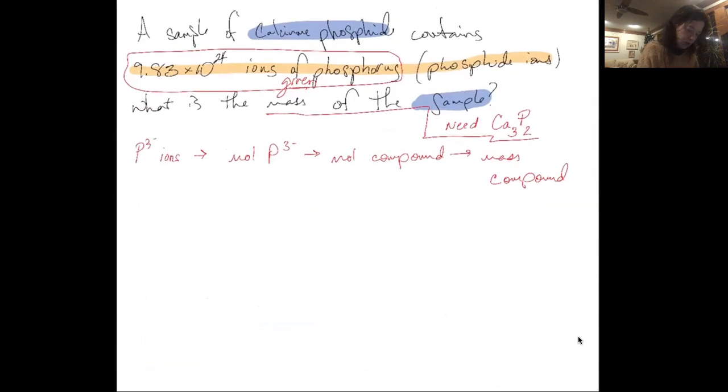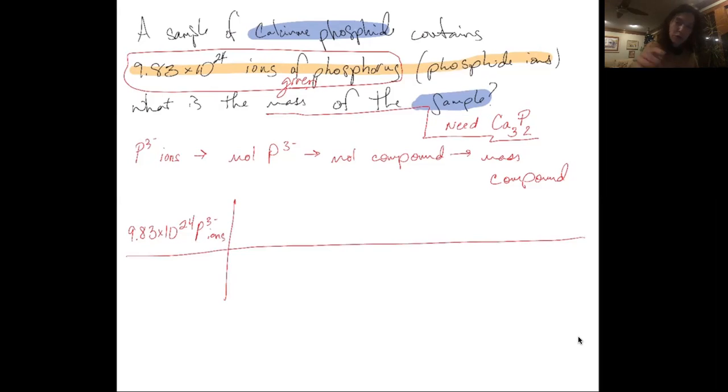So we've got 9.83 times 10 to the 24th phosphide ions. I know that I'm going to convert my ions to moles, because there are 6.02 times 10 to the 23rd, and every 1 mole, that's moles of phosphide ions, mind you.